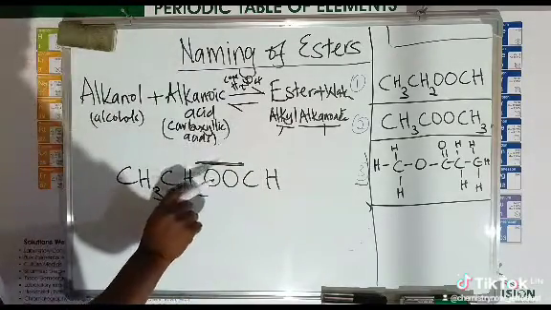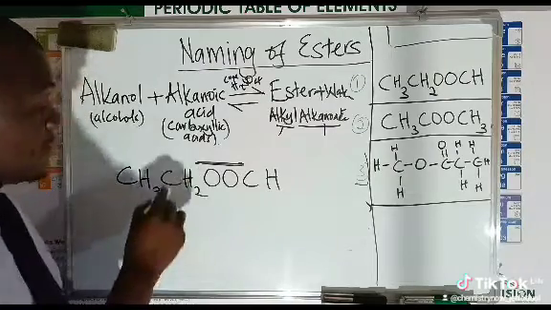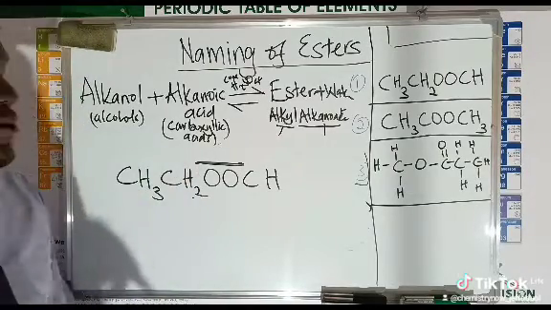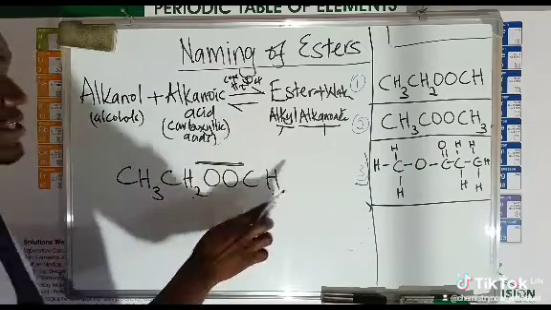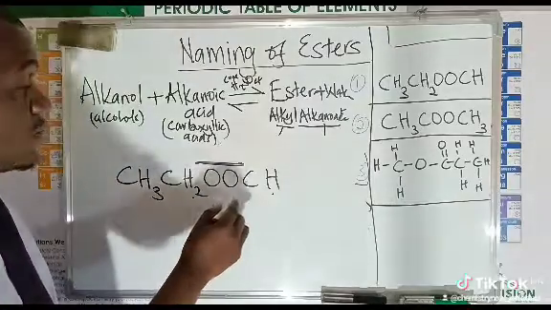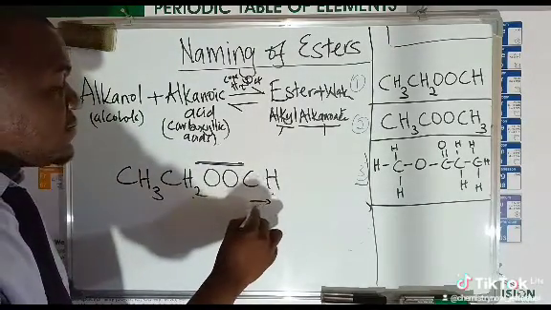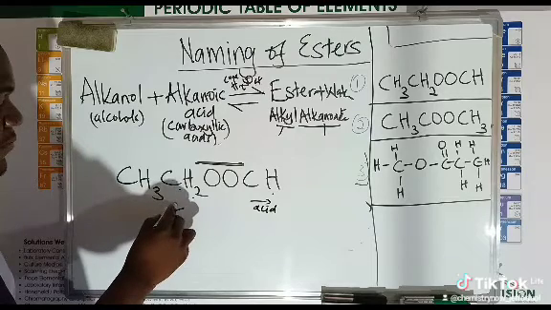So the two carbon atoms in our case are this and this. Now, this carbon has two hydrogen atoms bonded to it. This carbon atom has just one. So which means that this one, the lowest, is from the acid, the alkanoic acid. And this one must be from the alcohol or alkanol.